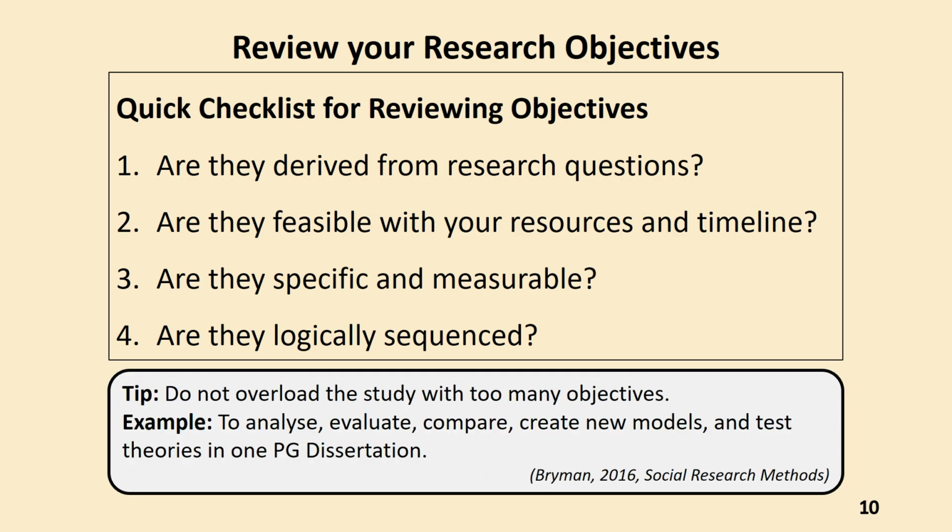One tip is there: do not overload the study with too many objectives. It's a suggestion to all researchers who are making a research proposal, especially when you are new to the field of research. Do not make too many objectives, like 10, 20, 15 objectives in a study. It does not look good, and there is a chance that you may be misguided, you may not have control over your research.